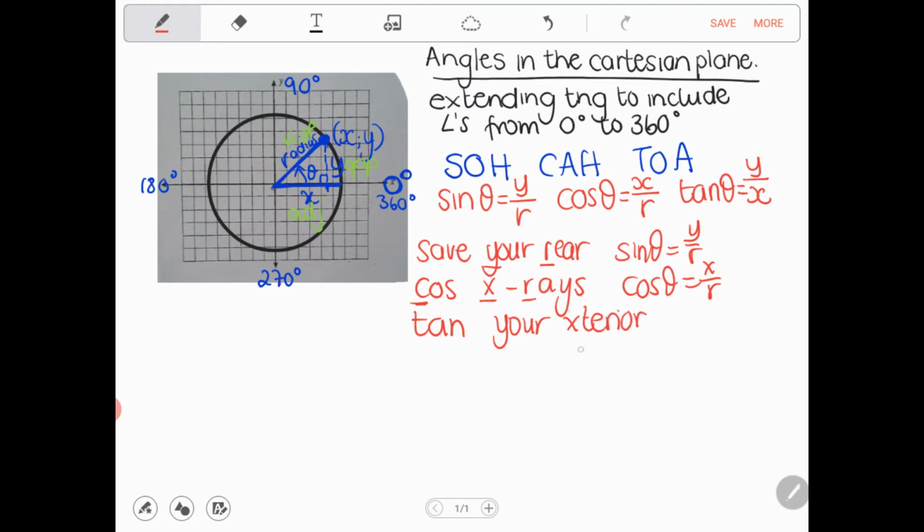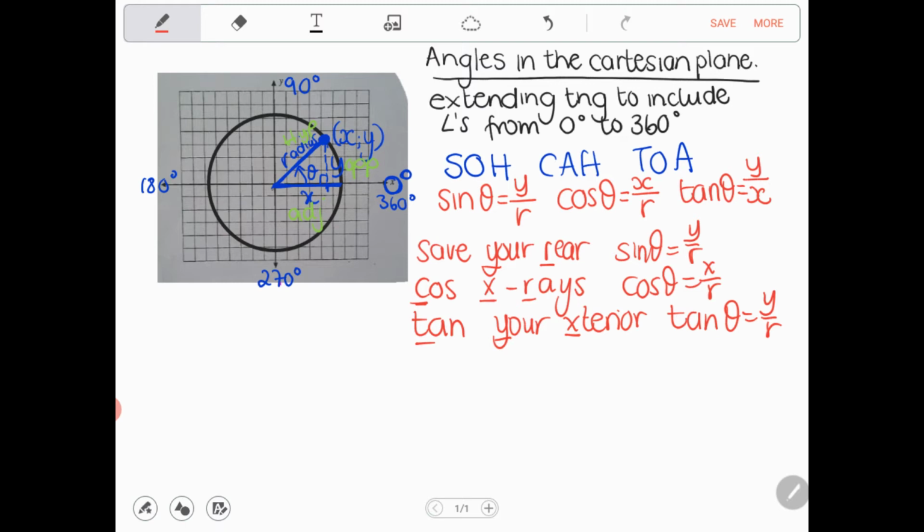I know that's not how you spell exterior, but we're going to, so tan is y over x. So that little mnemonic enables you to write down your ratios in terms of x, y, and r instead of SOHCAHTOA, opposite, adjacent, and hypotenuse.